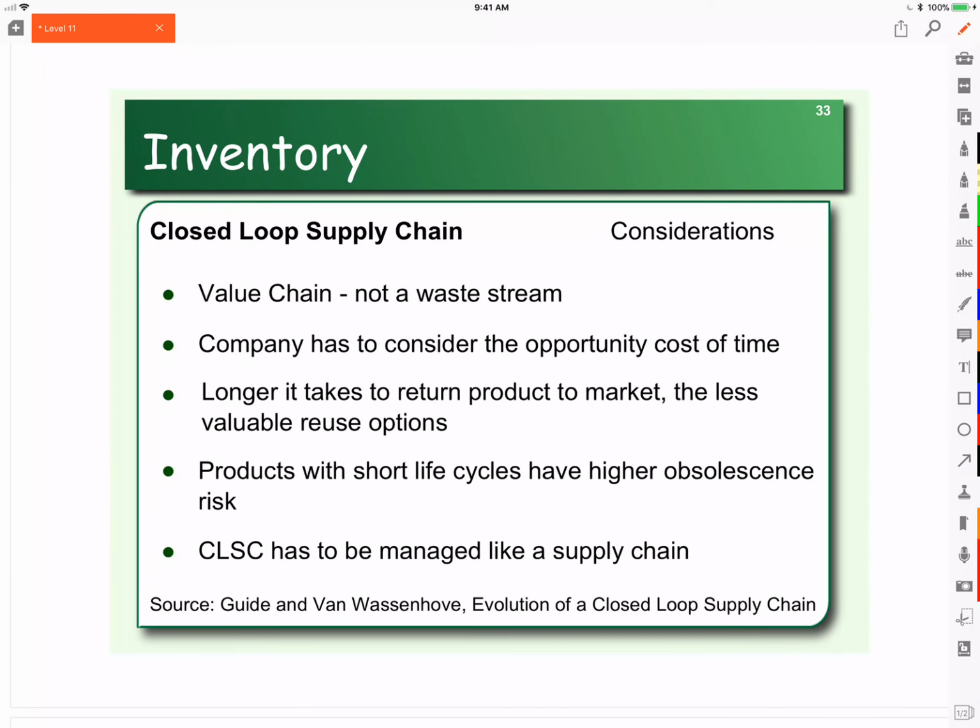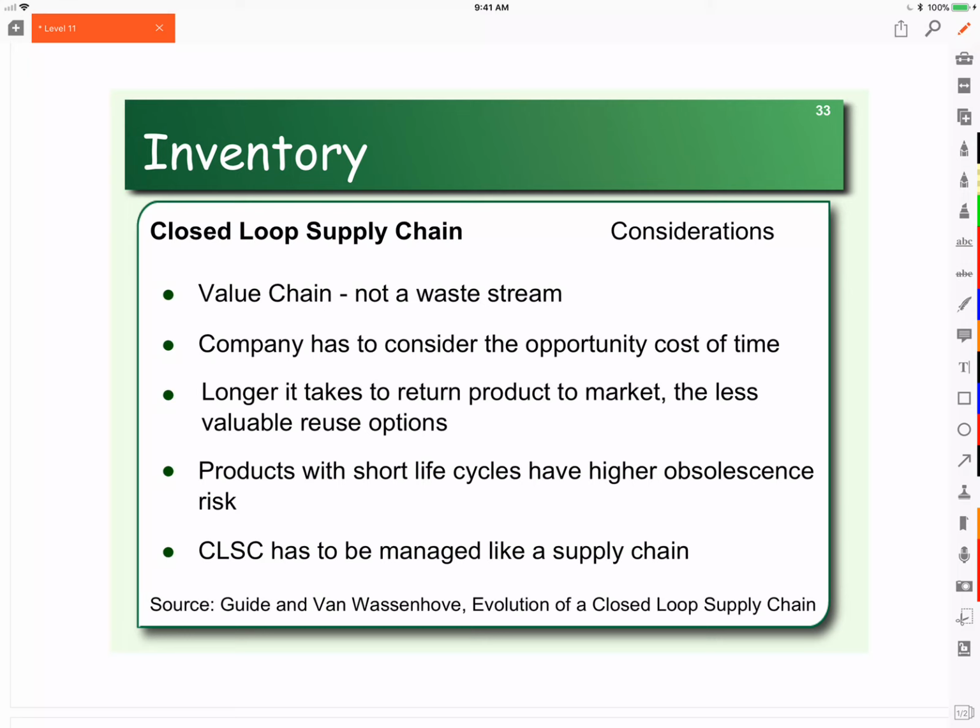Products that have very short life cycles have a much higher obsolescence risk. So when we think about a phone, for example, people don't want five-year-old phones. So their life cycle in terms of growth, maturity, and then decline is very rapid. Lots of technology has very short life cycles.